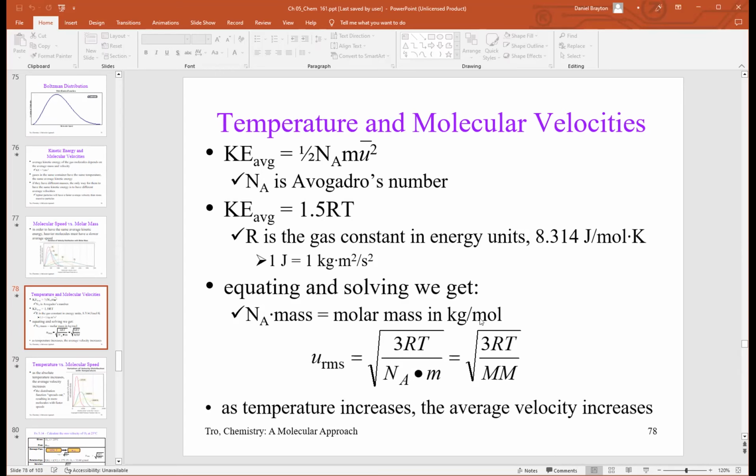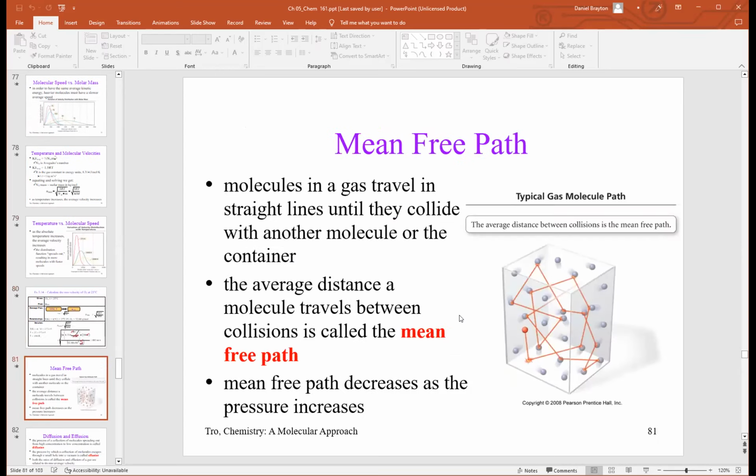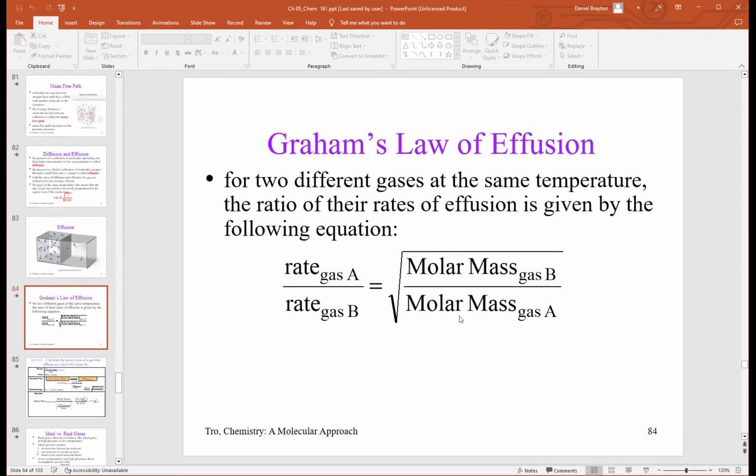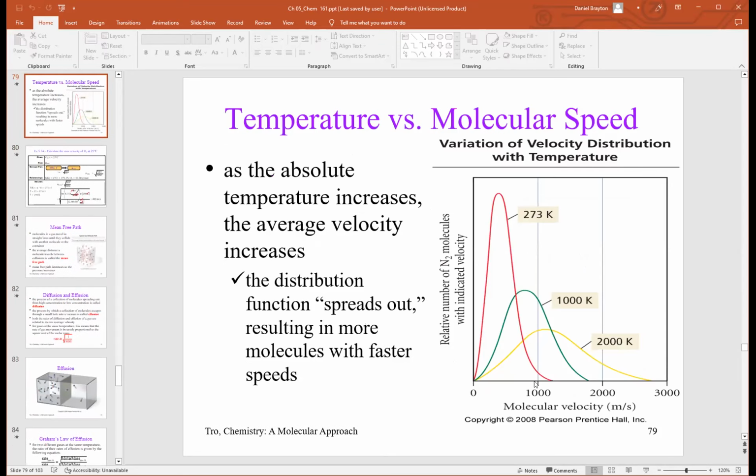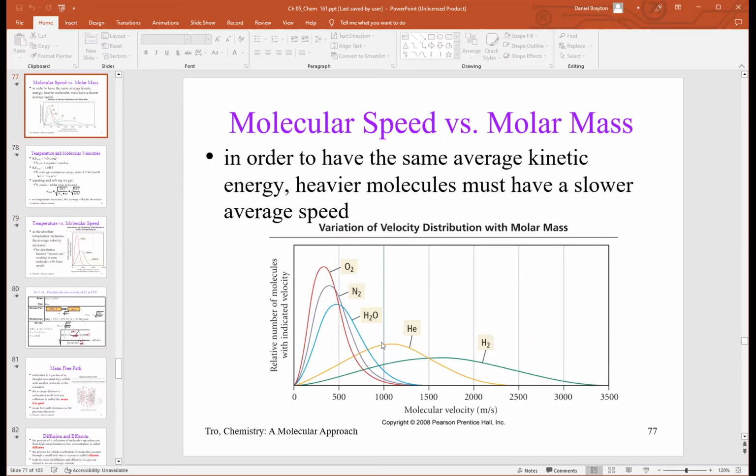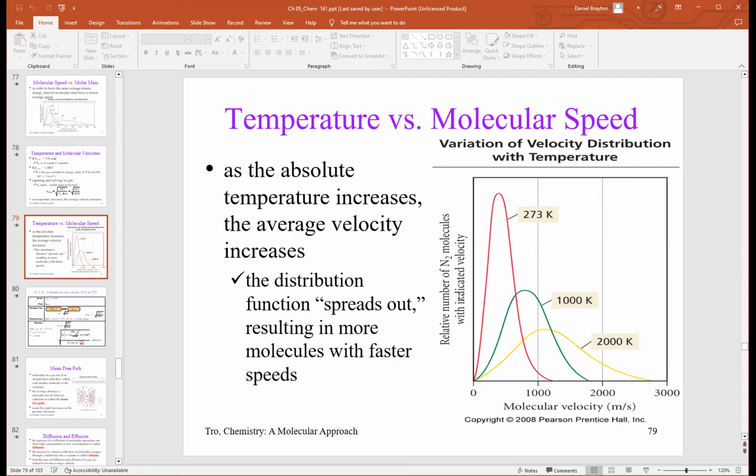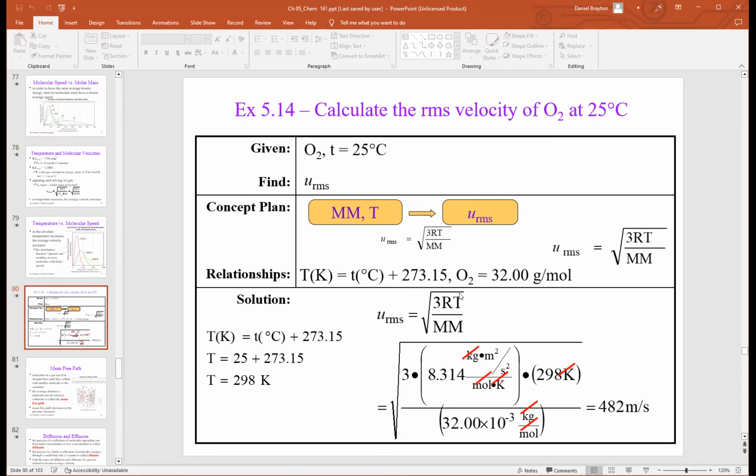All right. But what'll be on the test will be something like this, where I say, hey, they're at the same temperature, which means their 1/2 mv squared is the same. And then I give you, where was that problem?